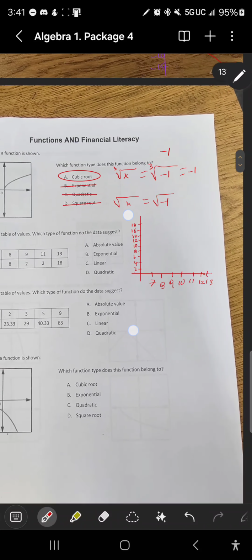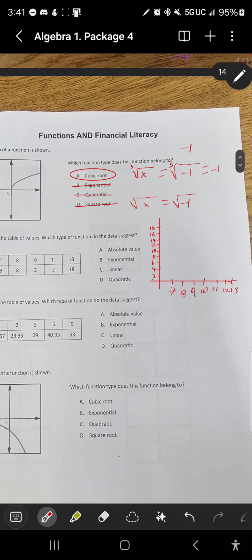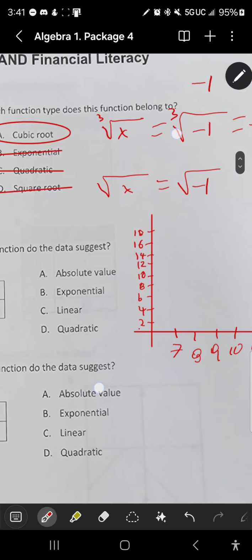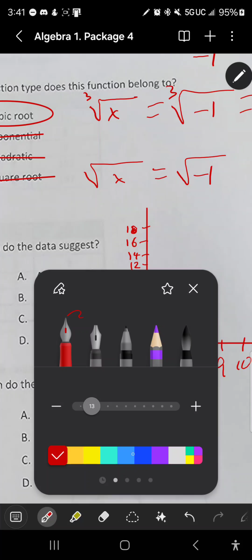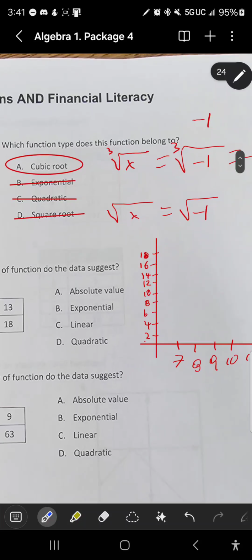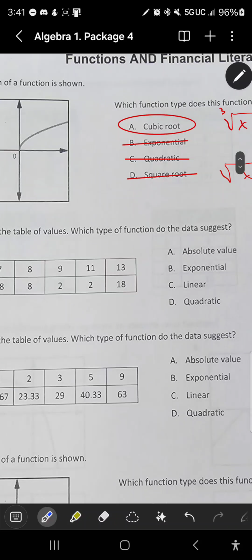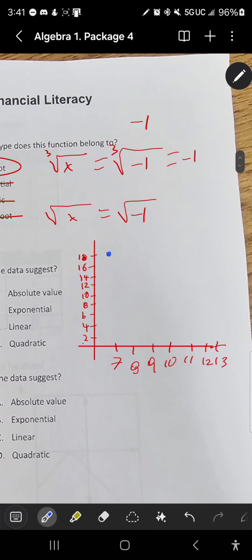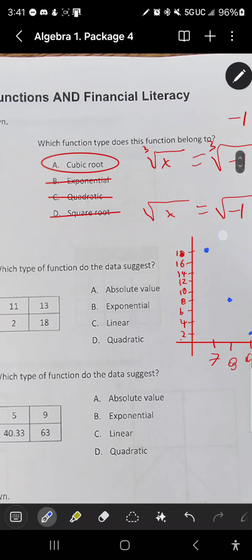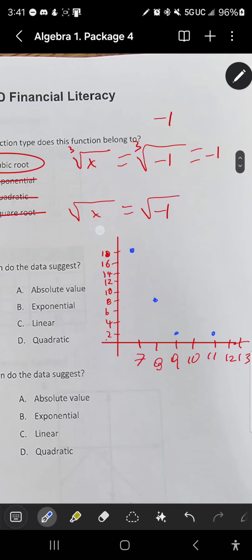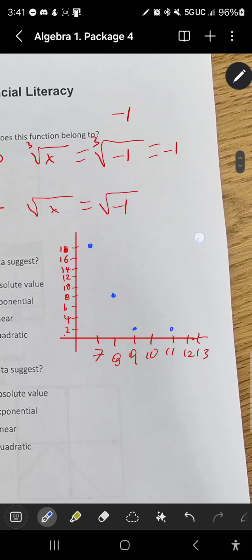Now I'm going to plot 7 with 18, 8 with 8, 9 with 2, 11 with 2, and 13 with 18.